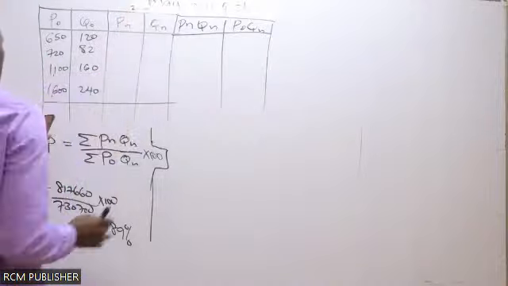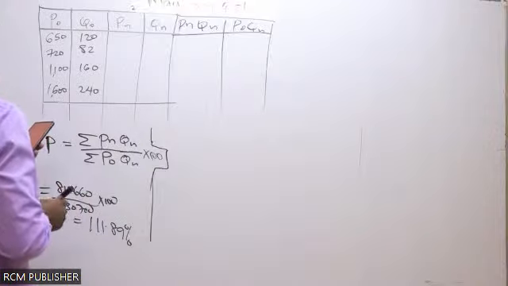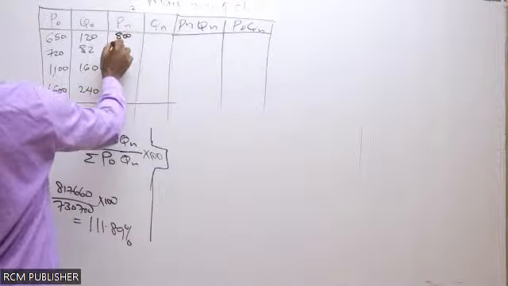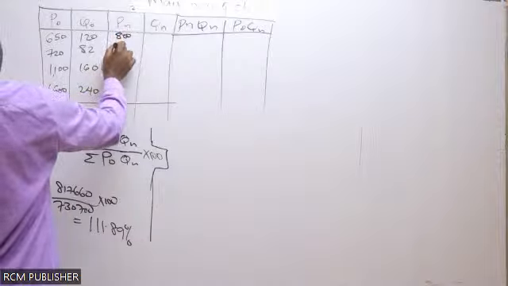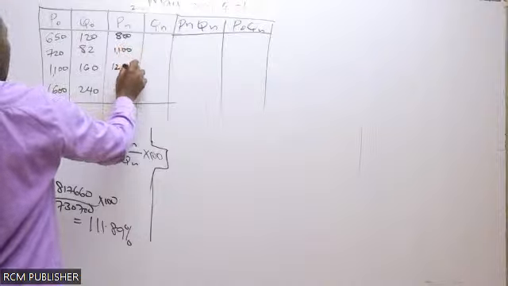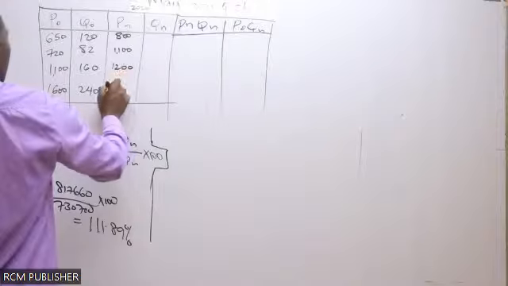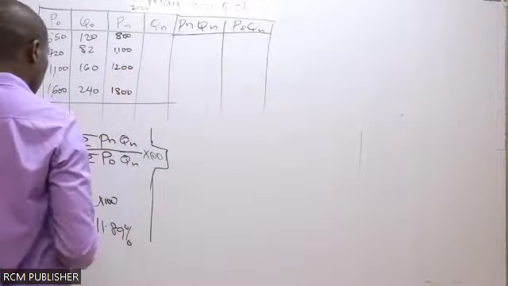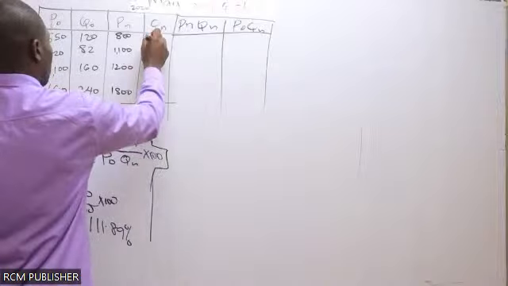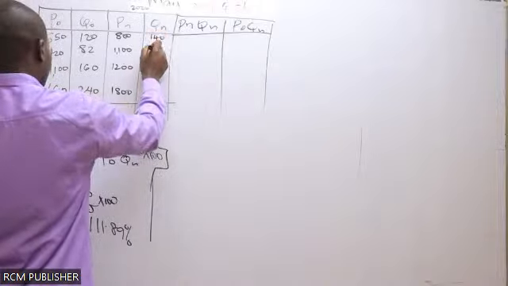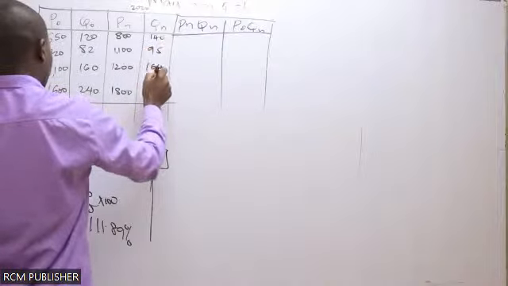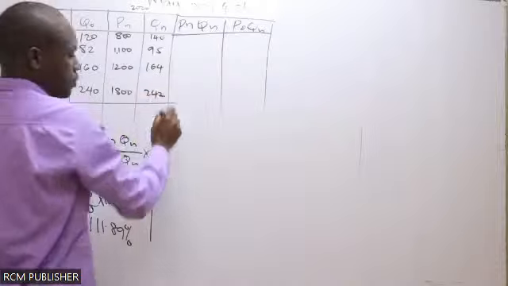So let's get the price of 2020 and quantity of 2020. Prices are 800, 1,100, 1,200, 1,800. Quantities are 140, 95, 164, 242.